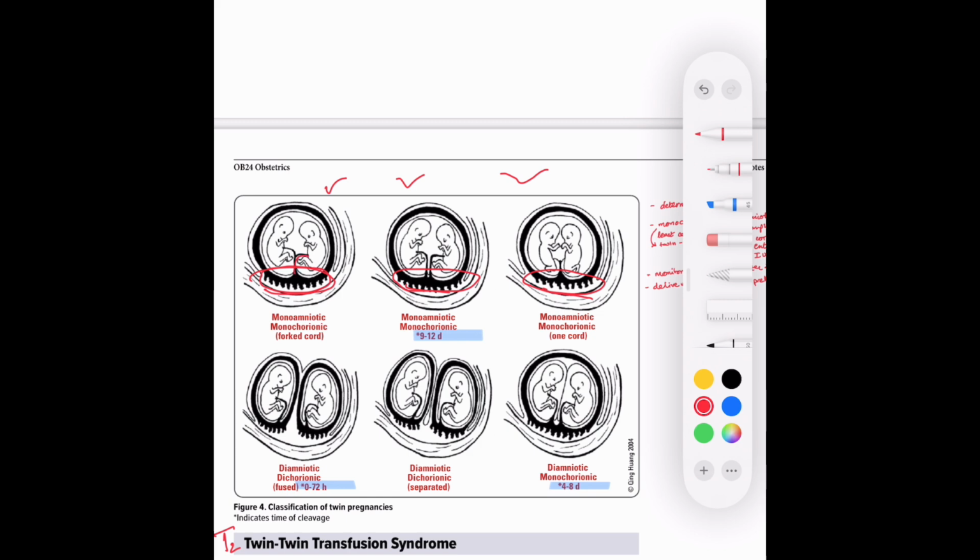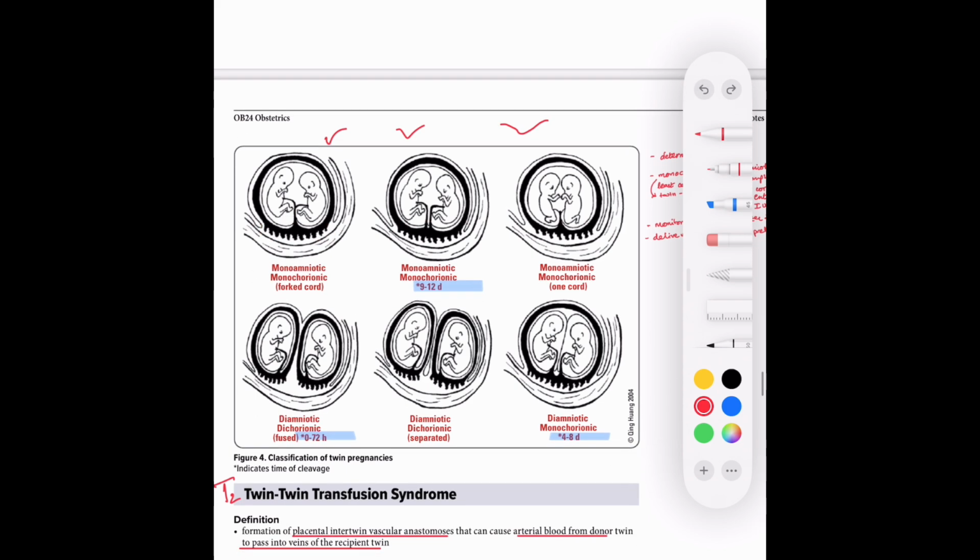This one goes like a fork, which is a forked cord, and this one is just one cord giving away 2 branches. And this one has their own cords. All of these are monoamniotic, monochorionic. We can see they're in one amniotic sac and they have 1 placenta. Got it?